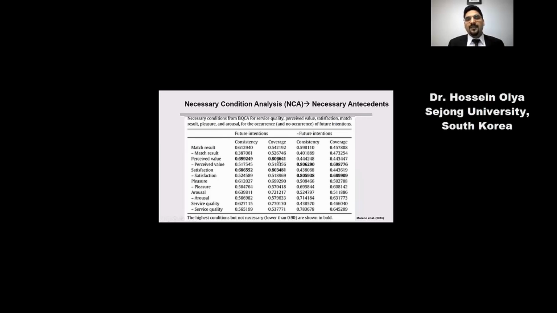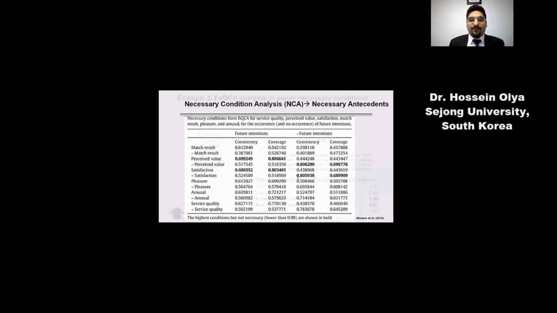Actually, they consider the high level of the consistency among the antecedents, which is more than 0.9. This is the cutoff level for identifying the necessary antecedents. As you can see, none of the factors reach this commonly accepted level. So for the future intention of the basketball spectators, we don't have necessary conditions. We don't have factors without which we would not have a high level of future intentions.